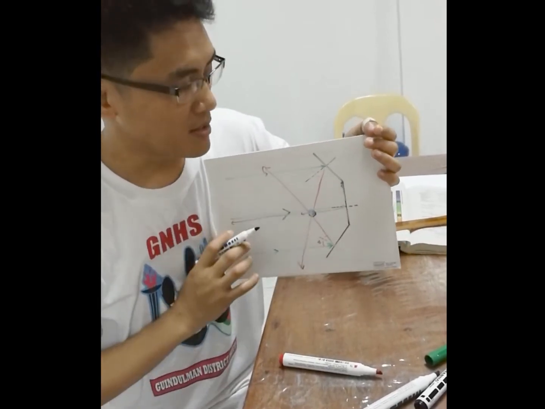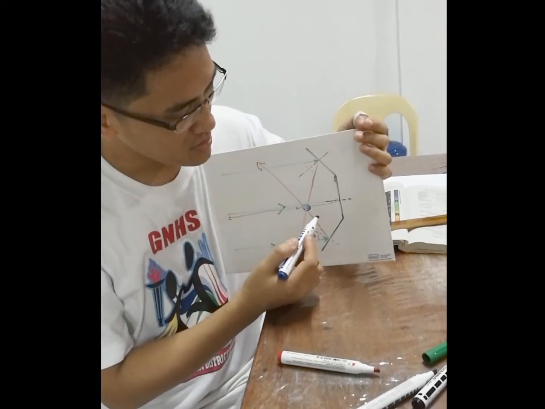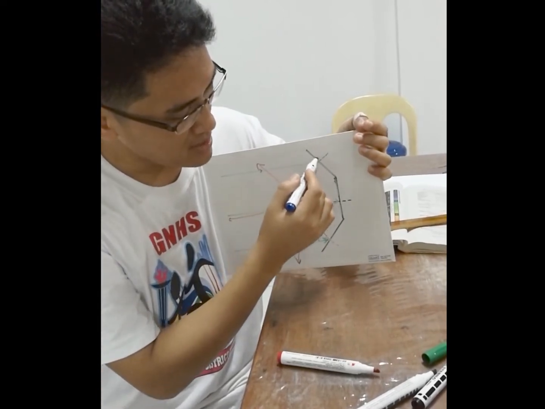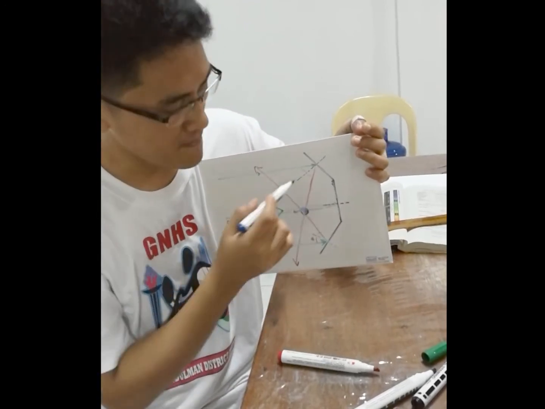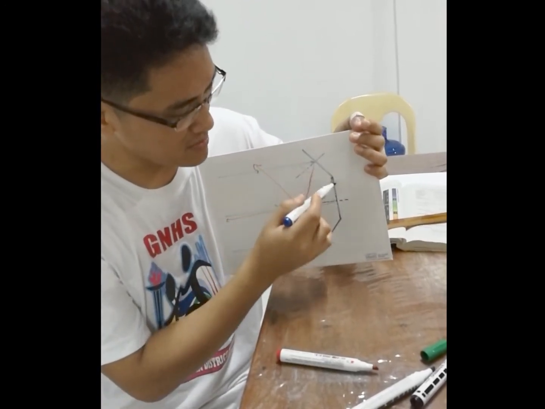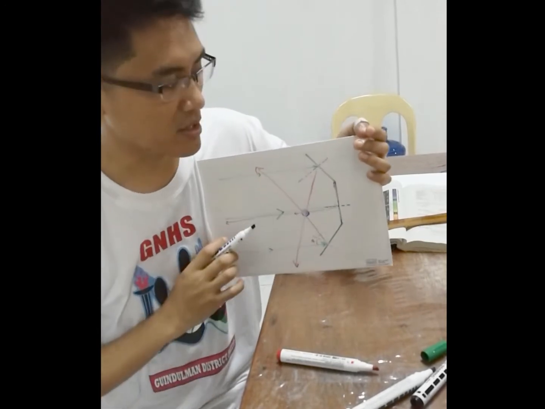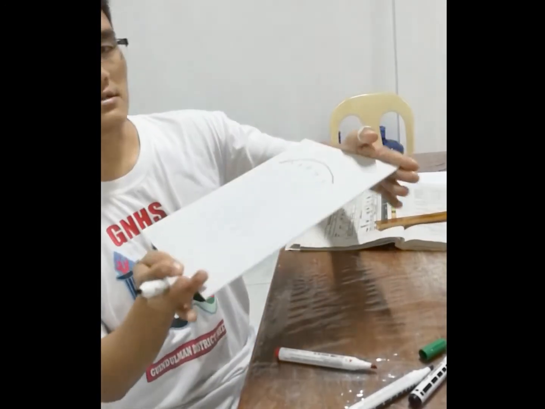Okay? Now, imagine being able to make plane mirrors such that they form an arc. Very small plane mirrors such that they form an arc. Like this.